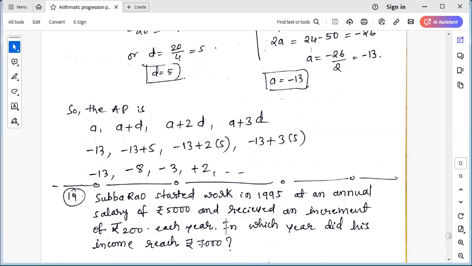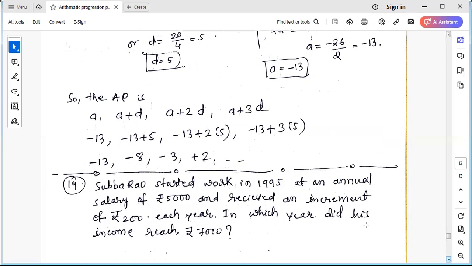This is the question. So his annual salary is 5,000, but he receives an increment of 200 per year. So in which year, or after how many years, his salary becomes 7,000 is the question. This we have to solve.